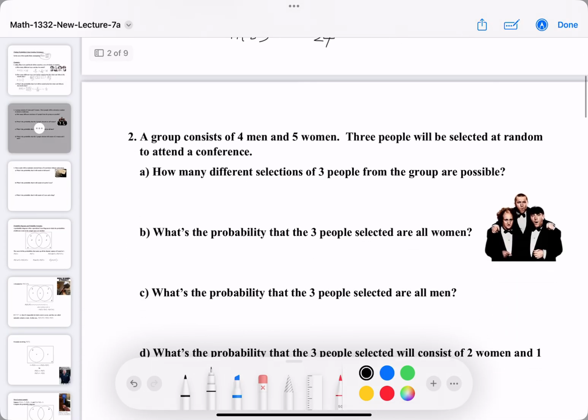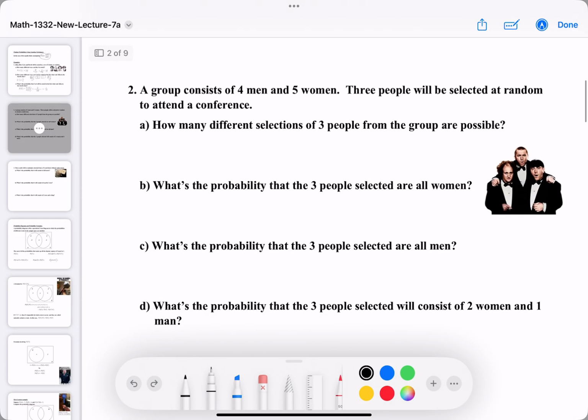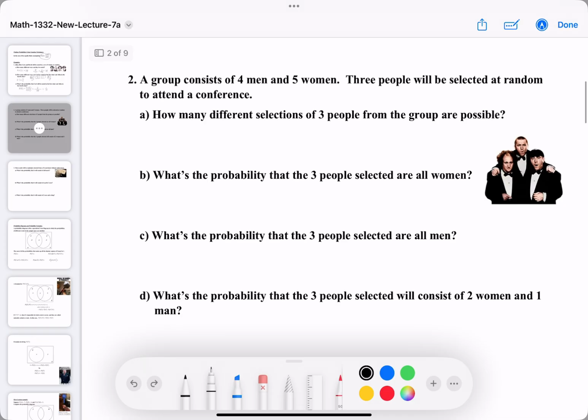In the previous one, we used the fundamental counting principle to get 24. All right, second one: a group consists of 4 men and 5 women. 3 people will be selected at random to attend a conference.